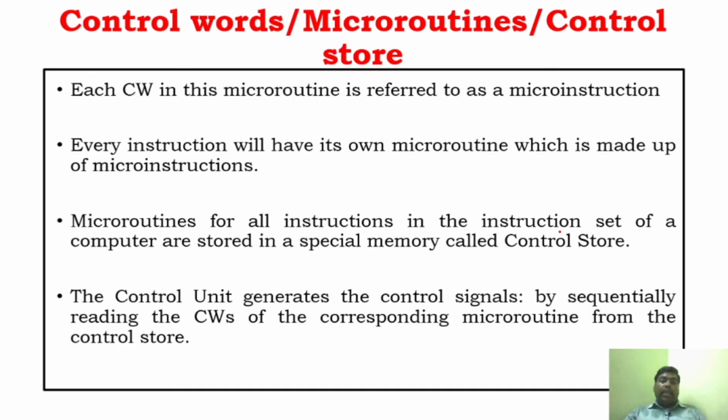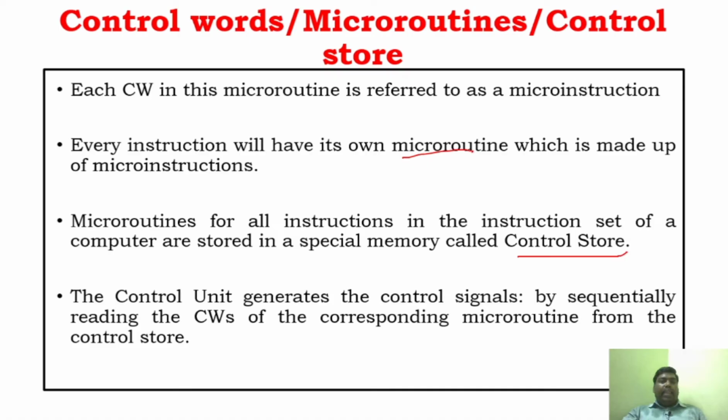All those micro programs are stored in the control store, as I said, and every instruction will have its own micro routine. A micro routine is nothing but a combined set of instructions, a complete program. And every single instruction is called a micro instruction.